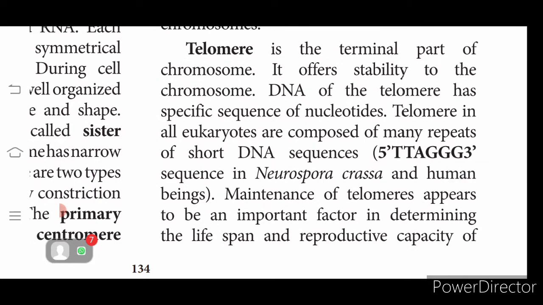It is the tip of the chromosome, and the DNA of the telomere has a specific nucleotide sequence. These specific nucleotide sequences help in the maintenance of the particular structure. Maintenance of the telomeres appears to be an important factor because it determines the lifespan and reproductive capacity.